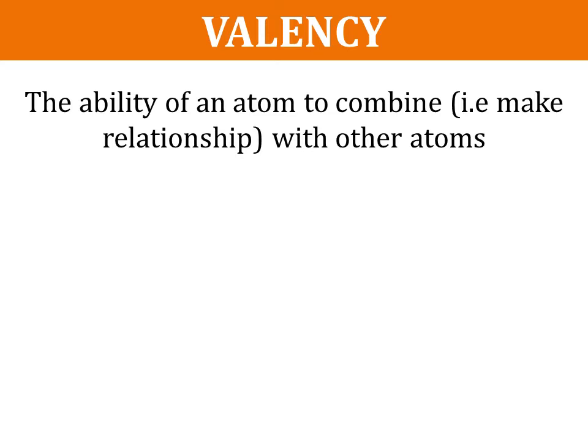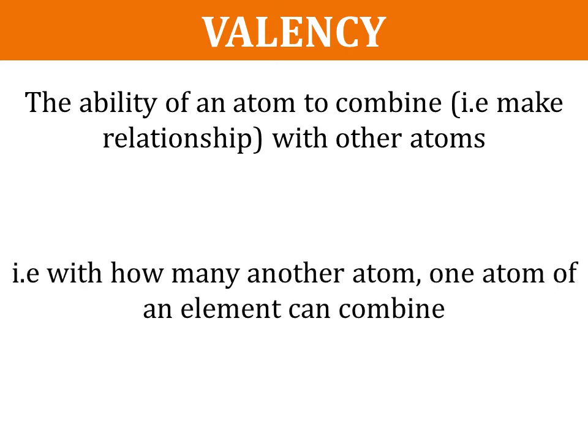So what is the ability? That is what we will focus on. In other words, we can say it is with how many other atoms one atom of an element can combine. The combining capacity is the ability of an atom to combine with other atoms, that means to make a relationship with other atoms.